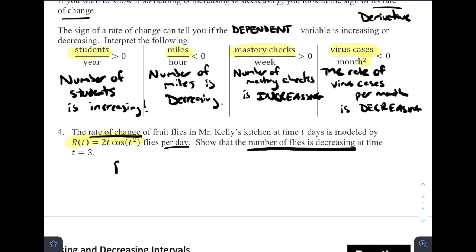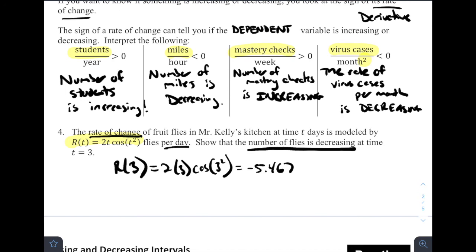If I do r of 3, that's going to be 2 times 3 times cosine of 3 squared. I would throw that in my calculator since I don't know what cosine of 9 is. If it's in radian mode, you're going to get negative 5.467. Again, we round to 3 digits after the decimal place.